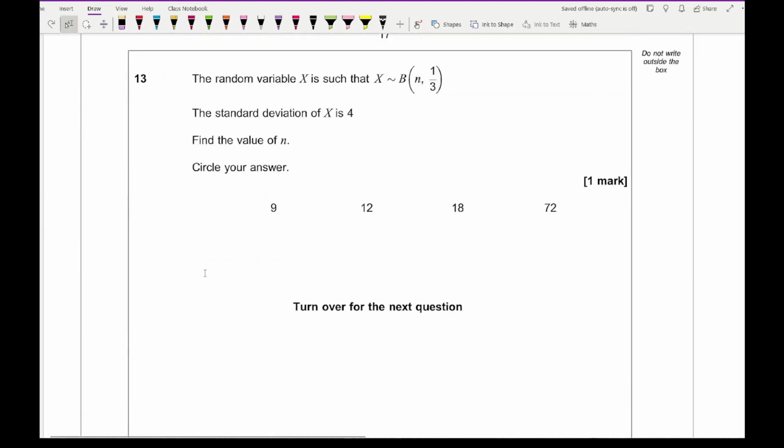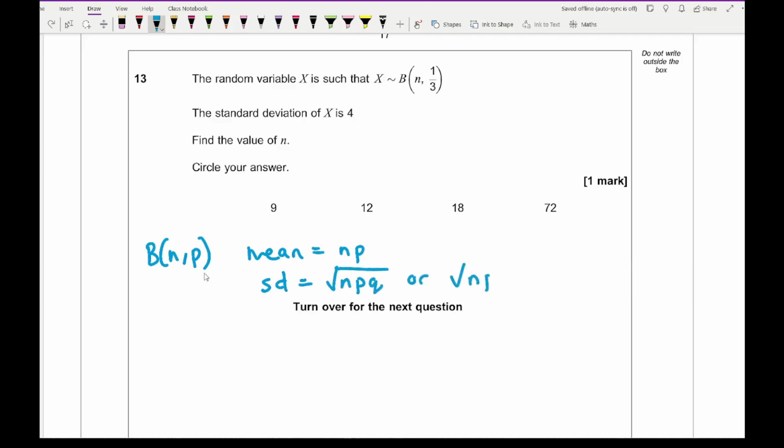Then for question 13, it says the random variable x is such that x follows a binomial distribution with a sample size of n and a probability of a success being a third. The standard deviation of x is 4. Find the value of n. Well, for a binomial distribution, the mean is equal to np, and the standard deviation is the square root of npq, or the square root of np(1 minus p), where q is the probability of a failure.